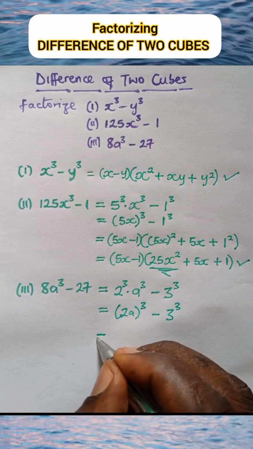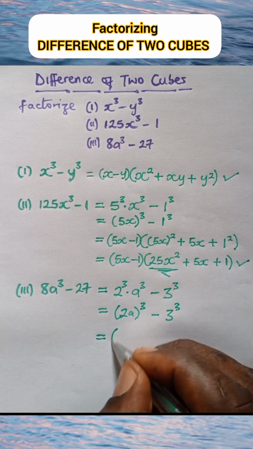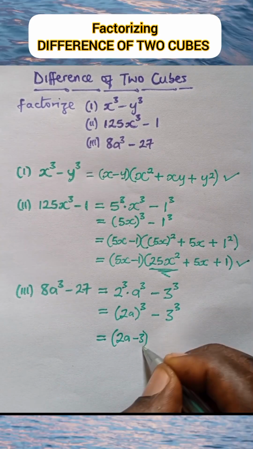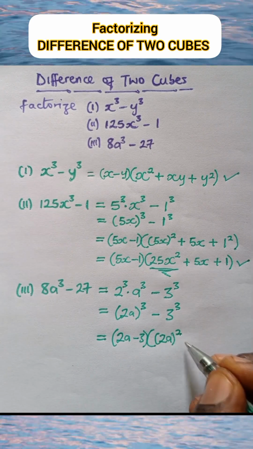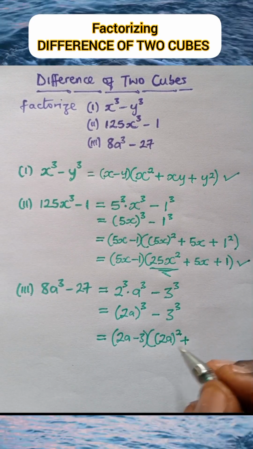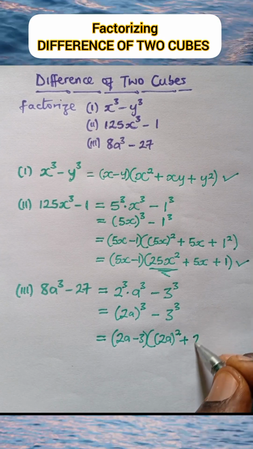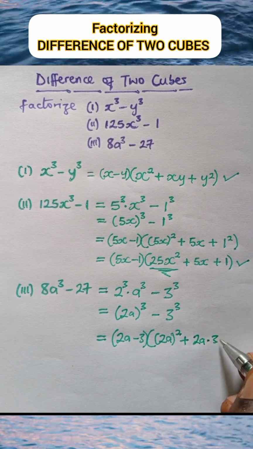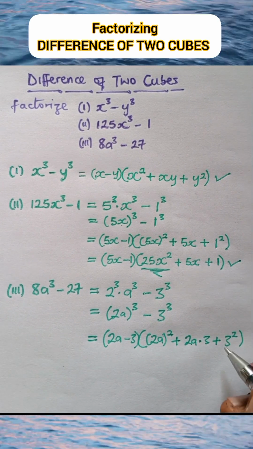Don't forget the pattern. The base of the first term minus the base of the second term in one bracket, 2a minus 3, and then the square of the base of the first term, which is 2a square, plus the product of both bases, which is 2a multiply 3, plus the square of the base of the second term, which is what? 3 square.